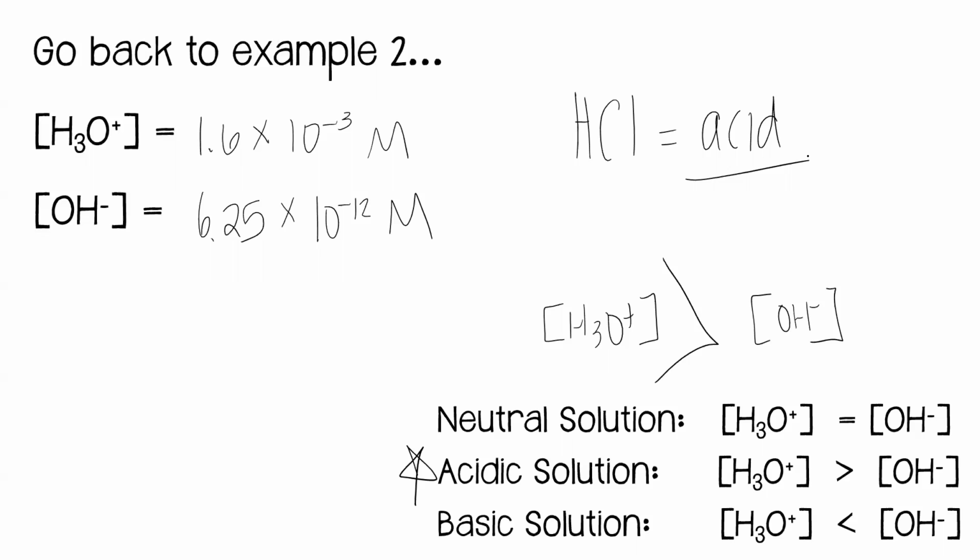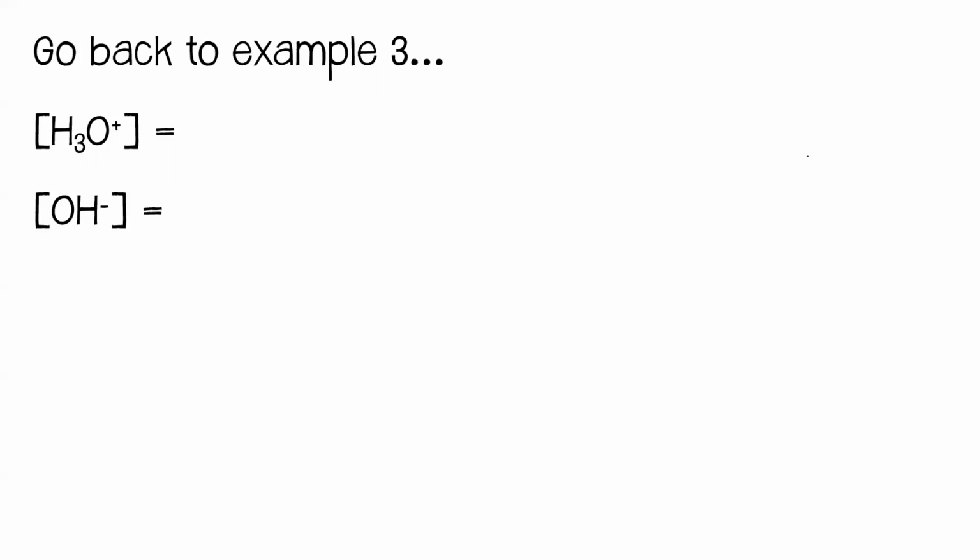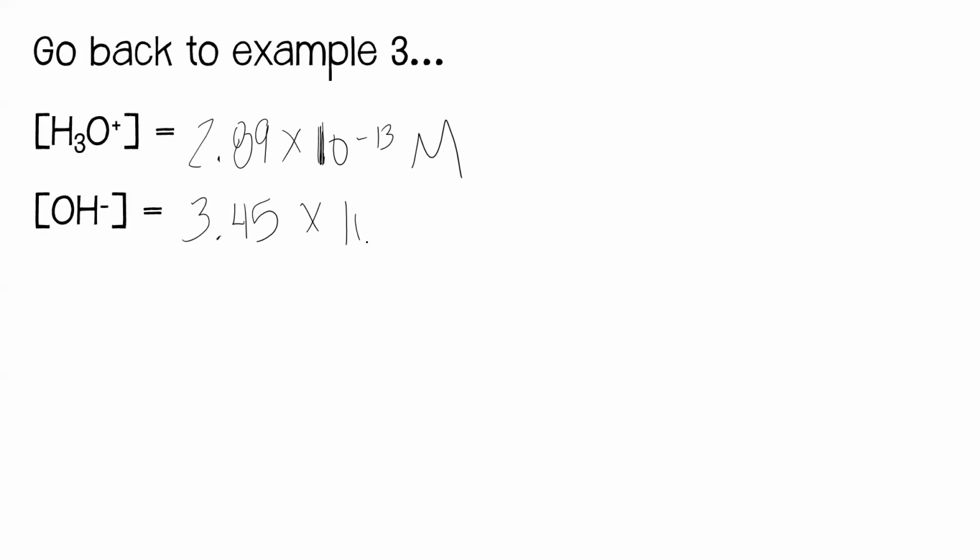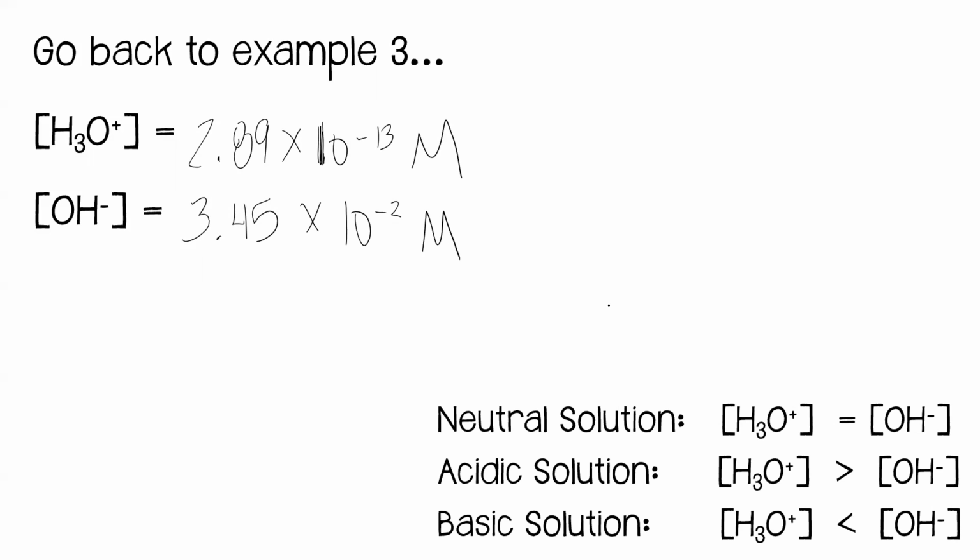Let's verify number 3. In number 3, we had our hydronium is 2.89 times 10 to the negative 13. And our hydroxide, 3.45 times 10 to the negative 2. So that's why it's important to get these numbers right, because you're going to need to use them. Okay, so in this case, if you want to compare the numbers side by side, feel free to write them that way.